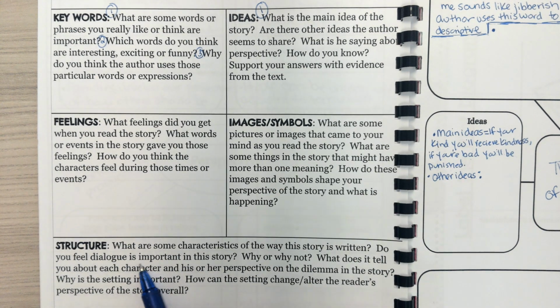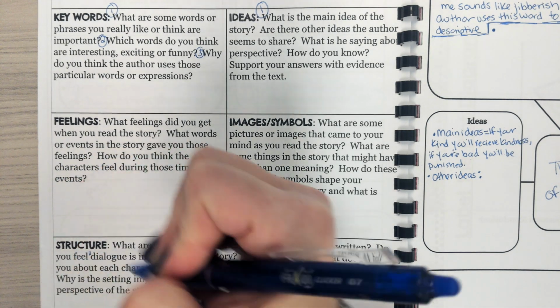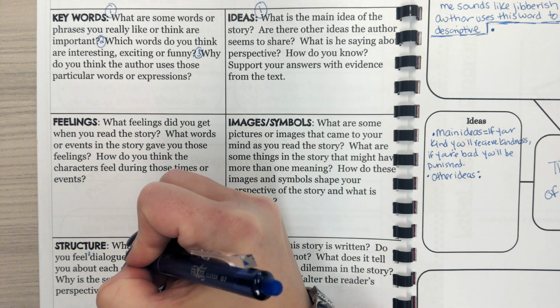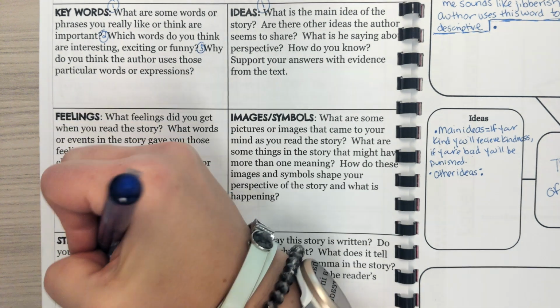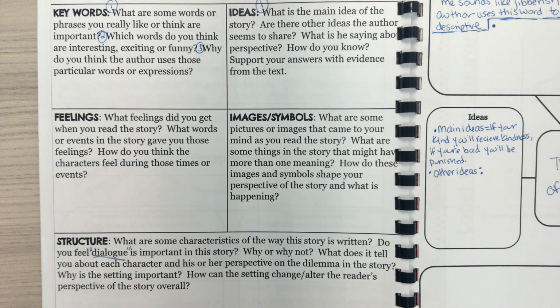This reads, what are some characteristics of the way this story is written? Do you feel dialogue is important to the story? Remember, dialogue is anything that is in quotations, right? It's when our characters are speaking. This is one of our vocab terms, dialogue.